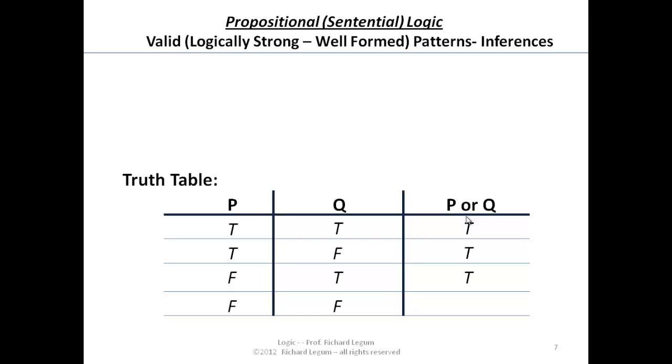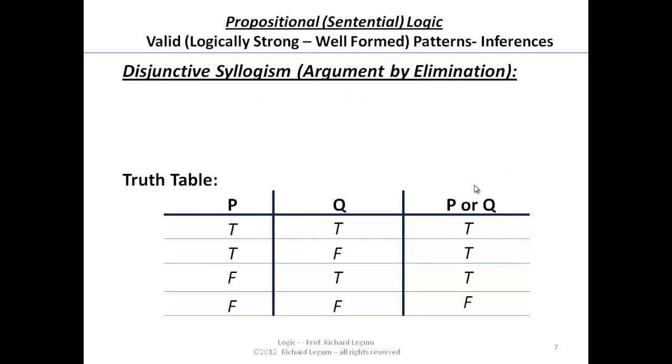And finally, our last combination is the case where P is false and Q is false. Well, P or Q is going to be false in that case.